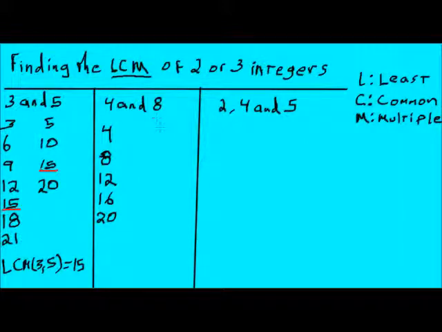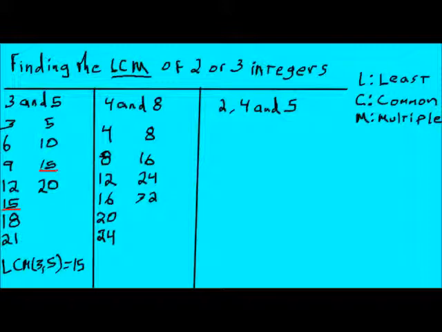So the same thing for 8. 8 times 1 is 8, 8 times 2 is 16, 8 times 3 is 24, 8 times 4 is 32, etc. Okay. So I'm going to list one more over here. On the 4, we got 4 times 1, 4 times 2, 4 times 3, 4 times 4, 4 times 5. Let's do 4 times 6, and you'll see why in just a second.